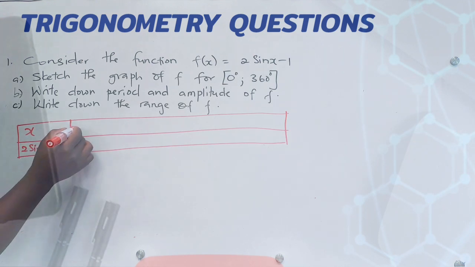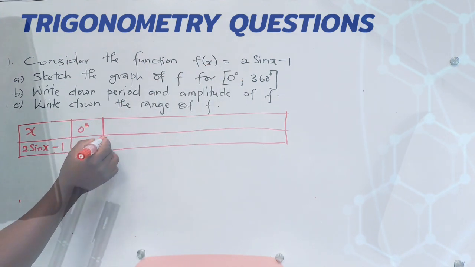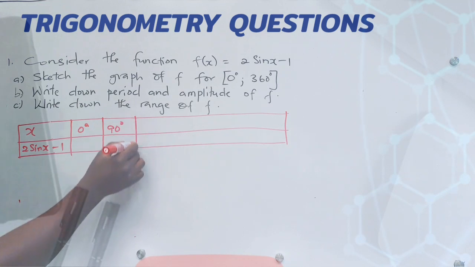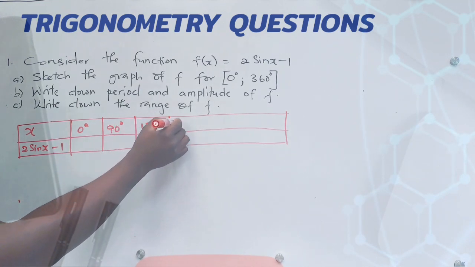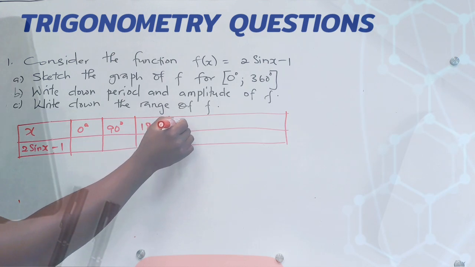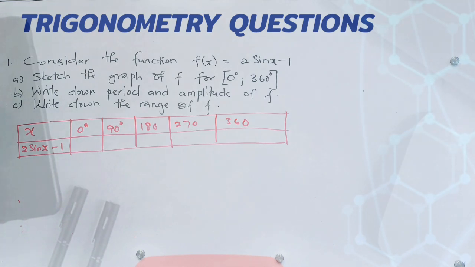So we have 0 degrees, because they say our range is from 0 to 360, then 90, 180, 270, then 360. What we do is punch on our calculator this value, 2 sine x.